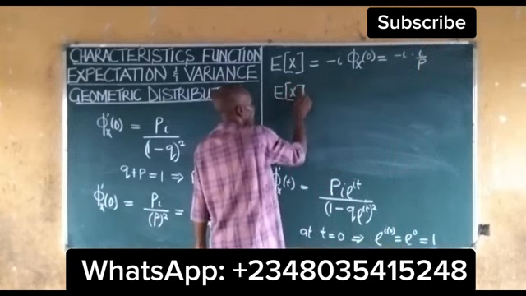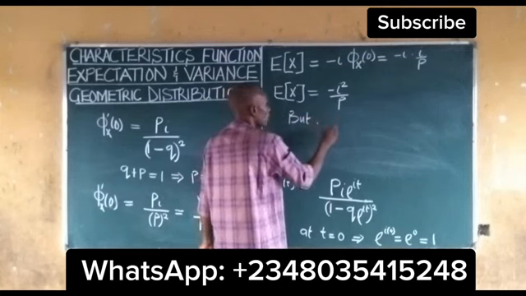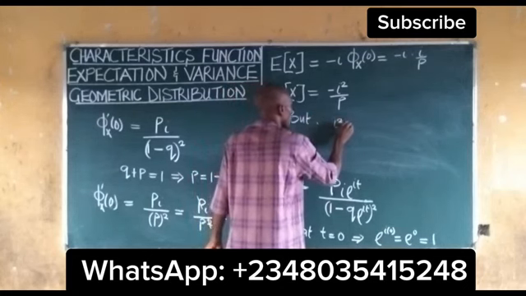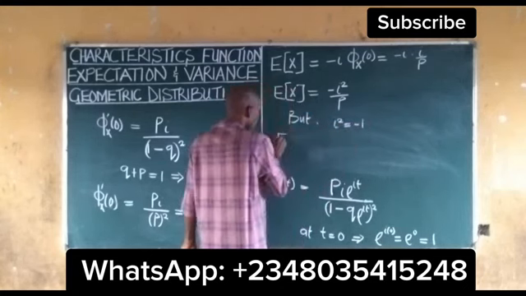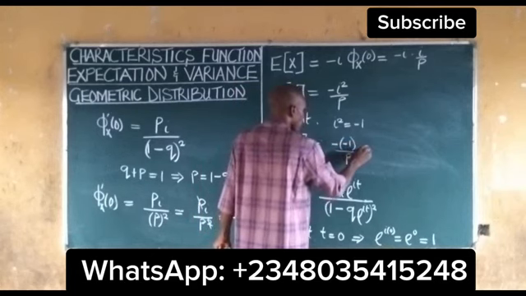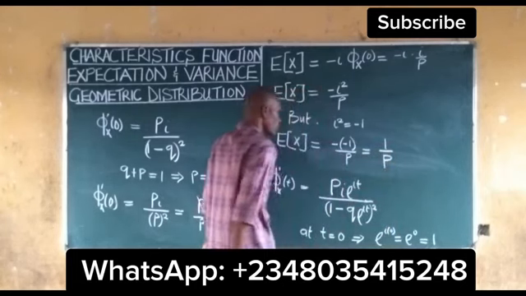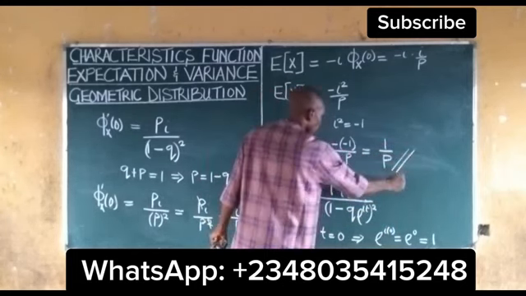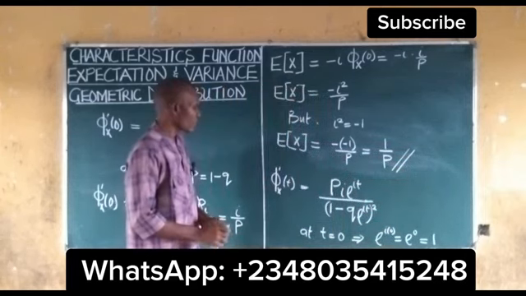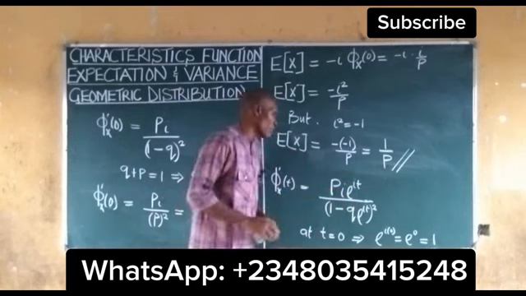From the imaginary identity, we know that i squared is equal to negative 1. It then means that our expected value of x is equal to negative times negative 1 all over p, which means 1 all over p. So this becomes our expected value of x.